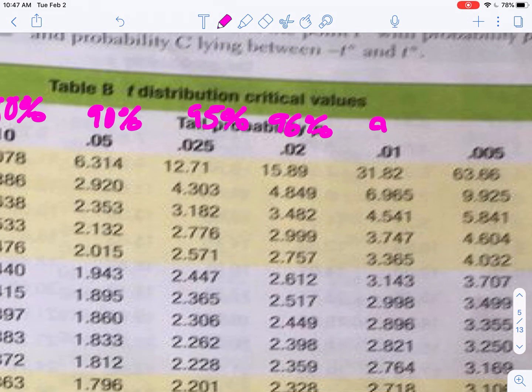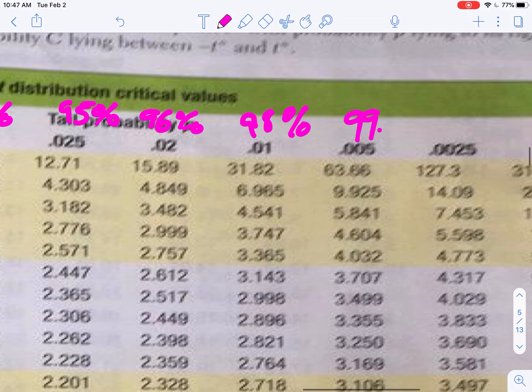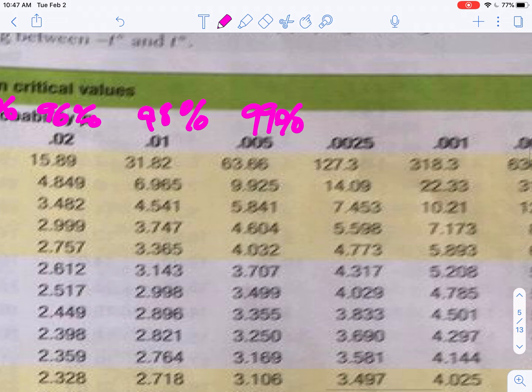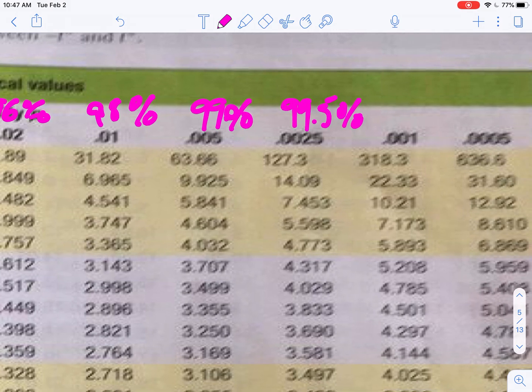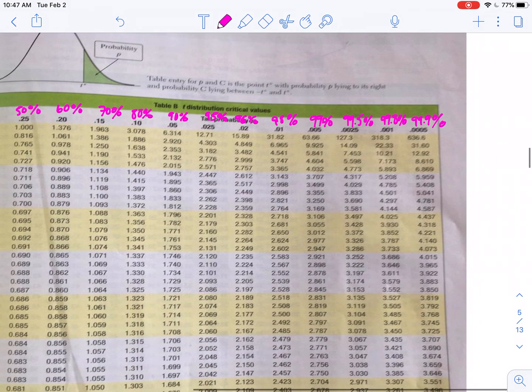That 0.01 is 98%, 99%. Then we're really starting to get into the weeds here. This is 99.5%. This would be 99.8%. 99.9%.